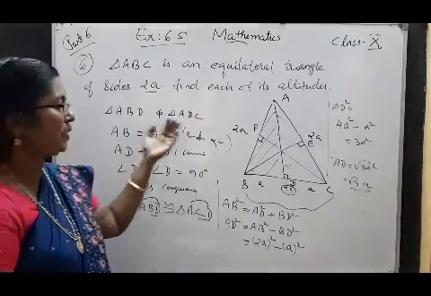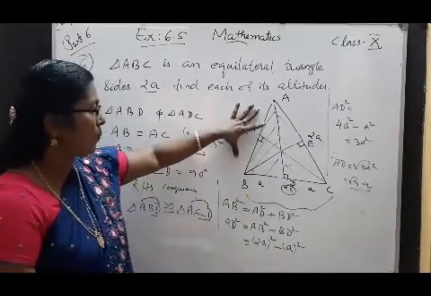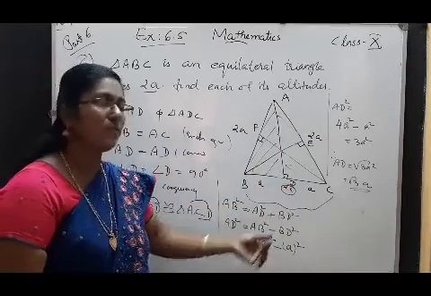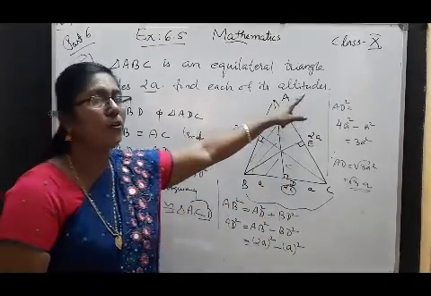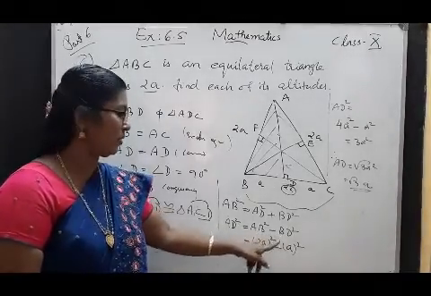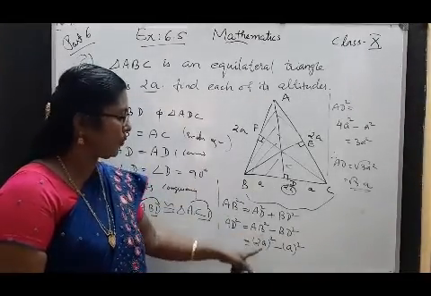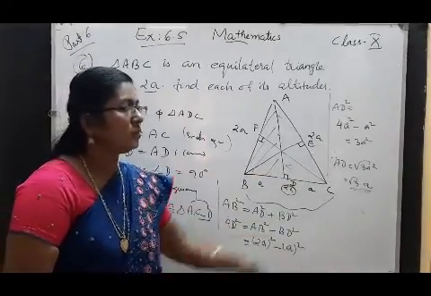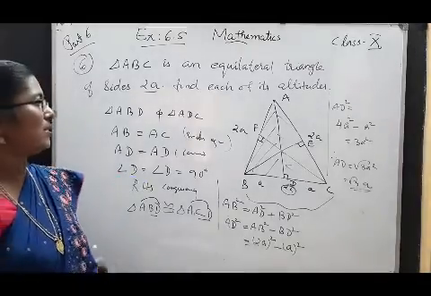Then again take the Pythagoras theorem. AB square, the hypotenuse square, equals altitude square plus base square, or AD square plus BD square. Our aim is to find the altitude. So AD square equals AB square minus BD square. AB is 2a, so 2a square minus a square. So AD equals root 3a.